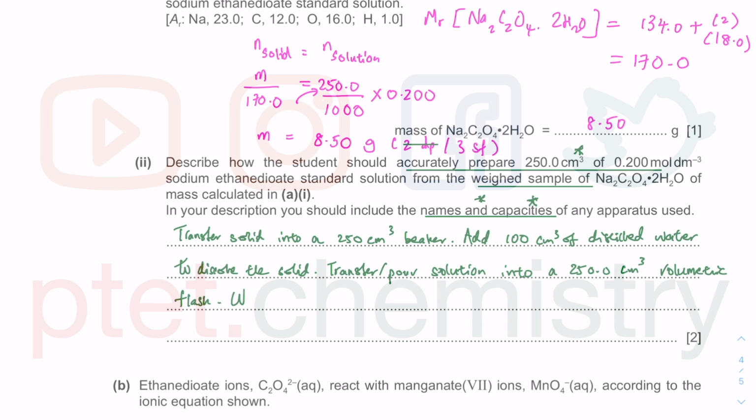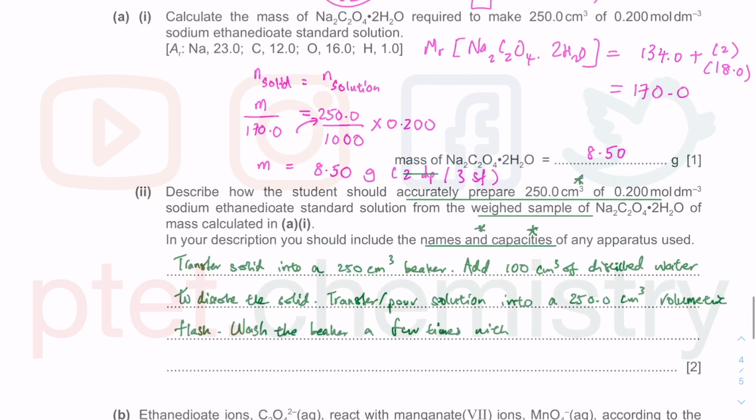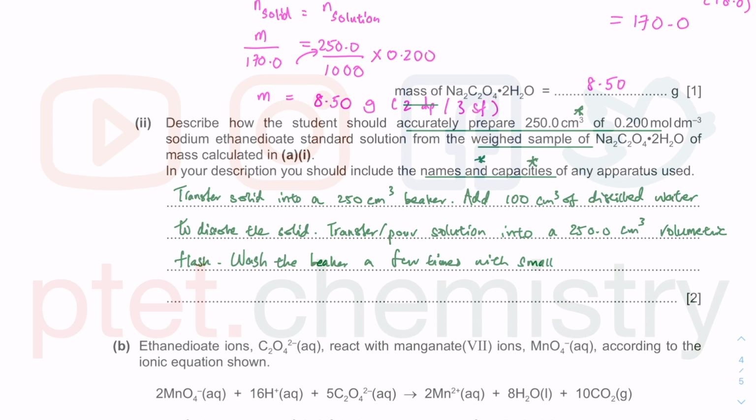And to that, you need to wash the beaker a few times, so 2 or 3 times typically, with a small volume of distilled water. This is to just dissolve out whatever solid might still remain inside the beaker. And each time, you have to combine the washings into the same volumetric flask.